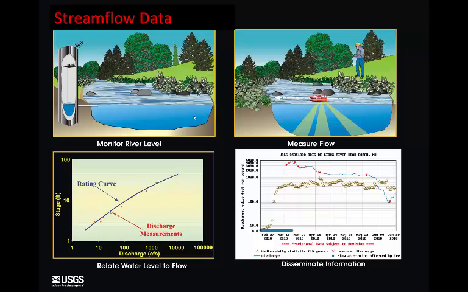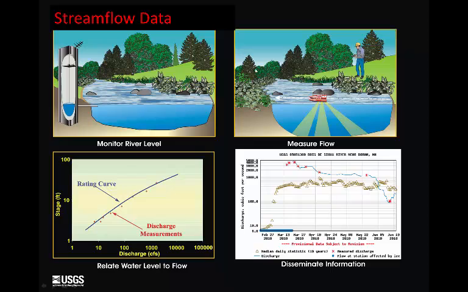Streamflow data, this is just a quick cartoon, and you'll see more about this in later lectures. On this stream we would install a gauging station which would allow us to record autonomously what the level of the water is 24 hours a day, 7 days a week, and most of these are telemetered, where we basically broadcast that data back into a central office. We would make discharge measurements, and we will actually make a discharge measurement on the river this semester.